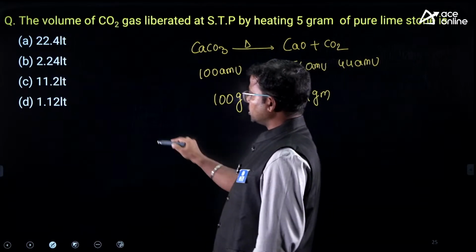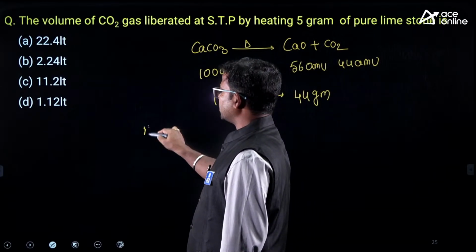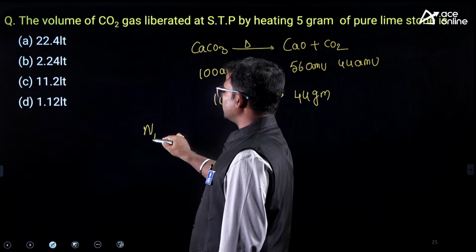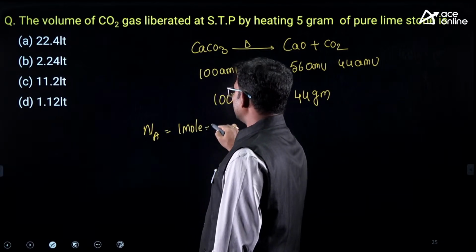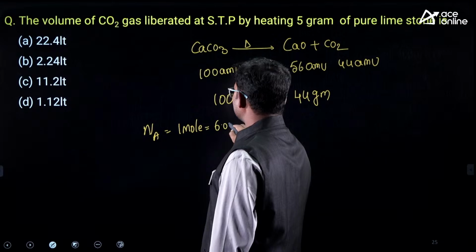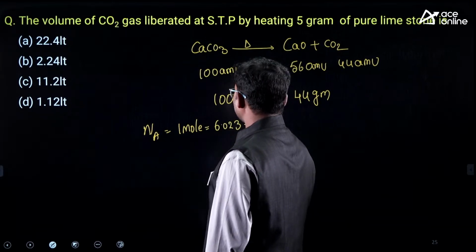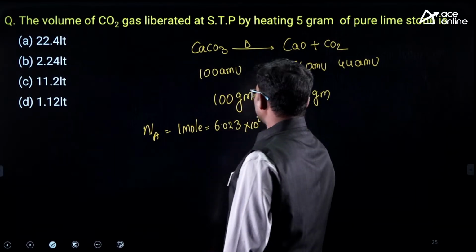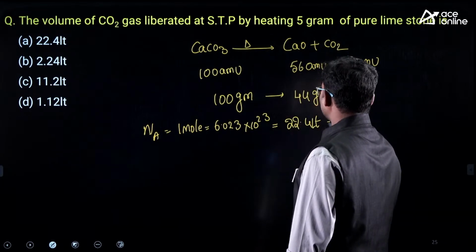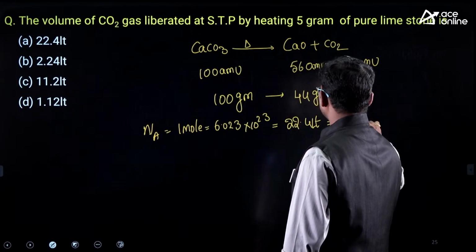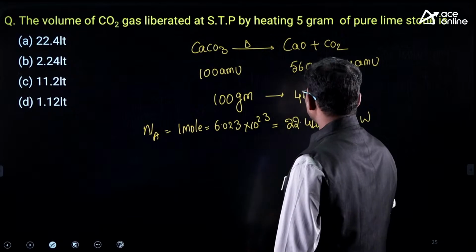So before going to that, here we should consider the Avogadro number. Avogadro number is equal to 1 mole, which is equal to 6.023 × 10^23, which is equal to 22.4 liters, which is equal to the gram molecular weight.